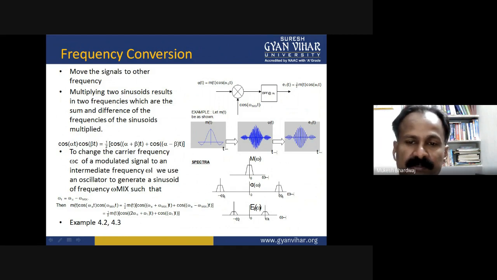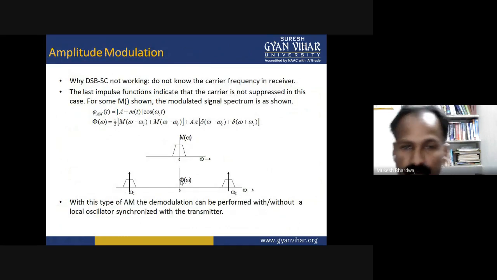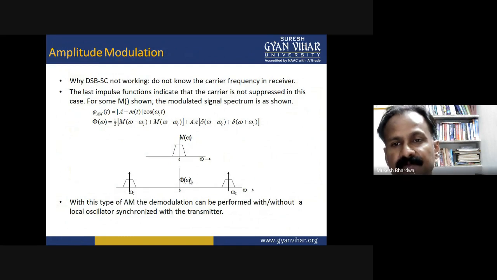So these are some diagrammatic representations of the waves. Why does double sideband suppressed carrier not work? We do not know the carrier frequency in the receiver. The last impulse function indicates the carrier is not suppressed.